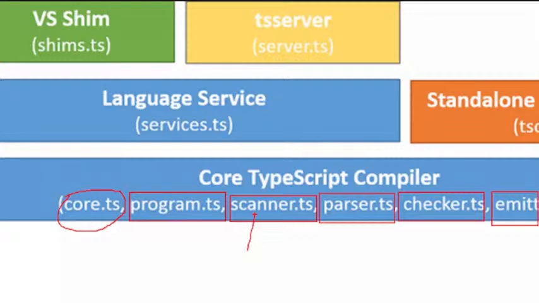If anybody asks what is the role of the scanner in a compiler? Tell me. It is responsible for handling input. In a programming language, input is managed by whom? Scanners. In TypeScript, input is managed by whom? Scanner. Scanner is responsible for managing input.